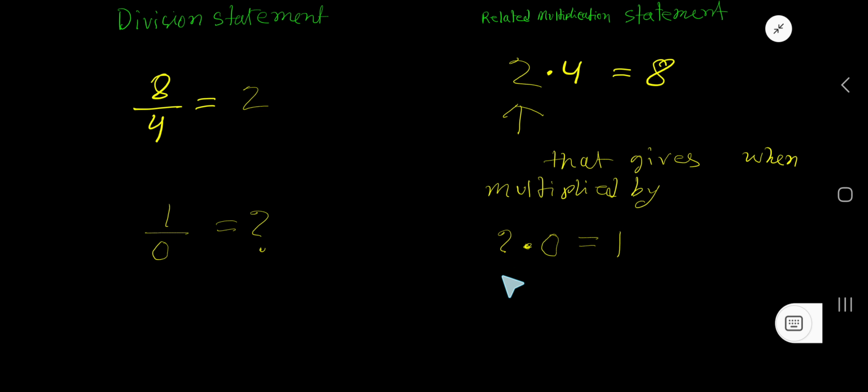If you consider 1, then 1 times 0 is 0, you are not getting 1. If you consider 2, 2 times 0 is 0, you are not getting 1. That is, you will not get any answer. That is why we say 1 over 0 equal to undefined, means there is no answer, undefined.